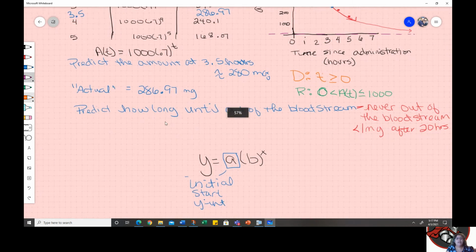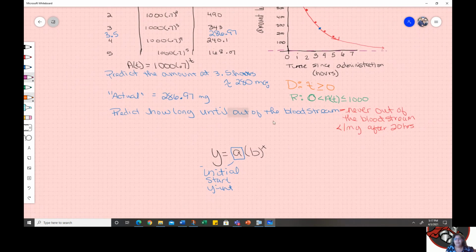The b value is, in this instance, our decay factor. We previously talked about exponential growth, and the b was our growth factor. So that b value is just whatever we're multiplying by each time. In this case, it is a decay factor.